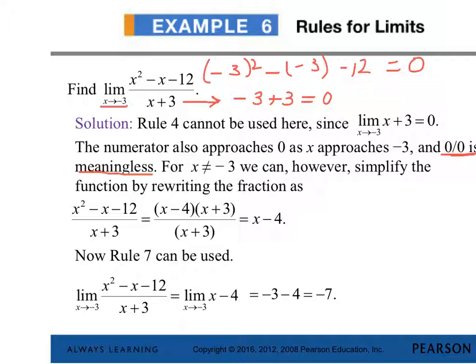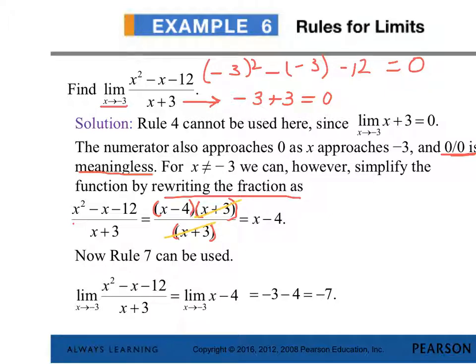So what you can do, though, is you can simplify the function by rewriting it. So what we're going to do to rewrite the function is we're going to take x squared minus x minus 12 and rewrite it as x plus 4, x minus 4 and x plus 3. And then we're going to have that over x plus 3, and what's going to happen then is the x plus 3 is going to cancel.